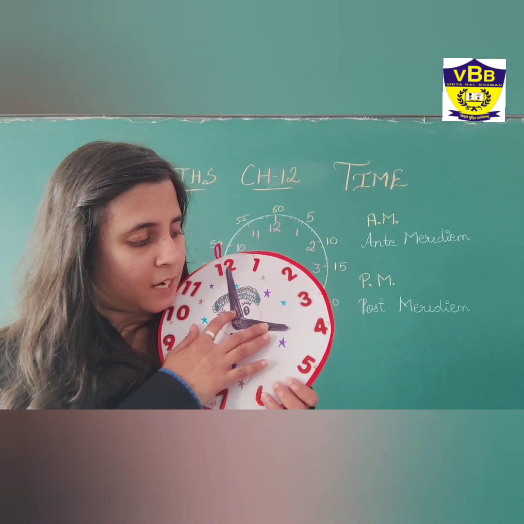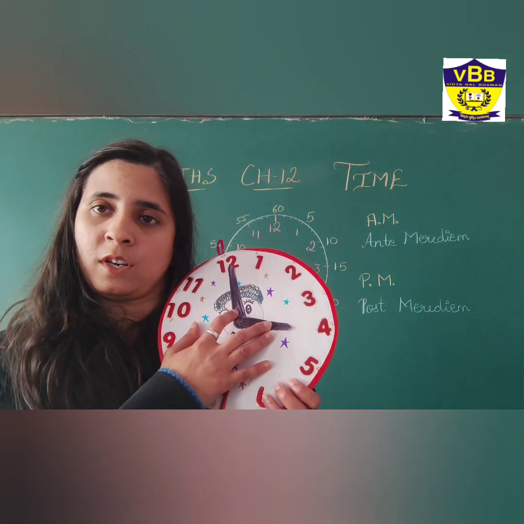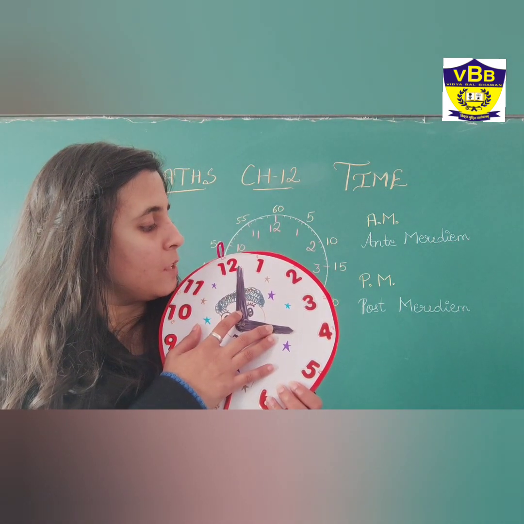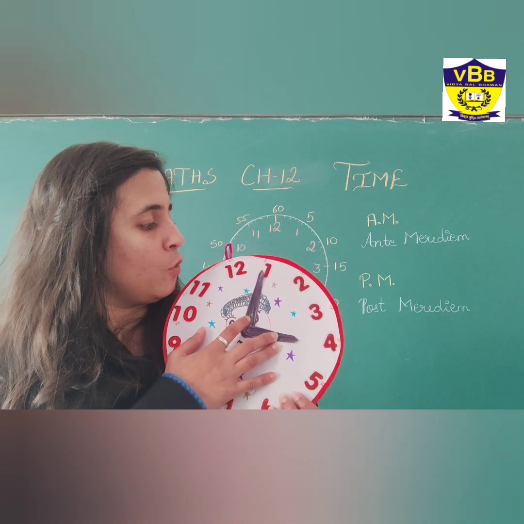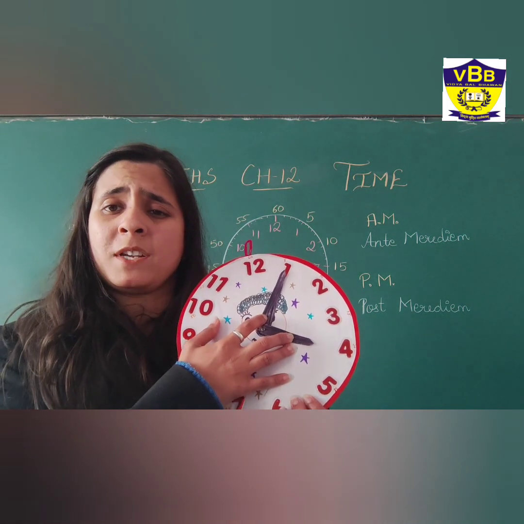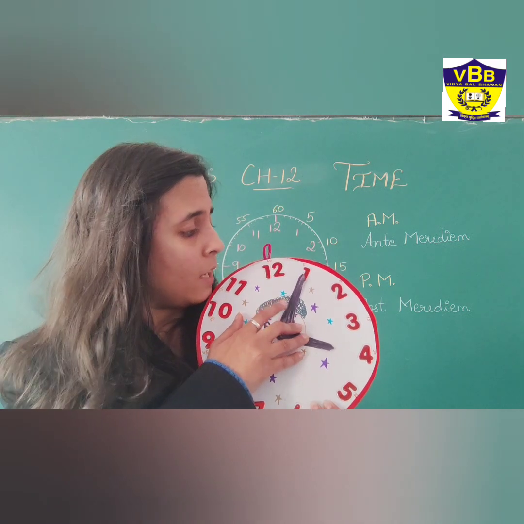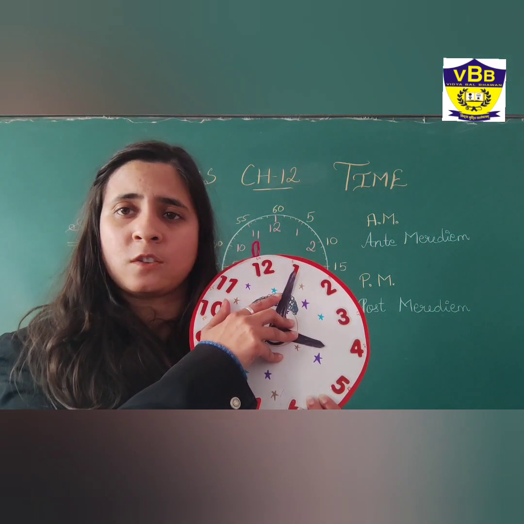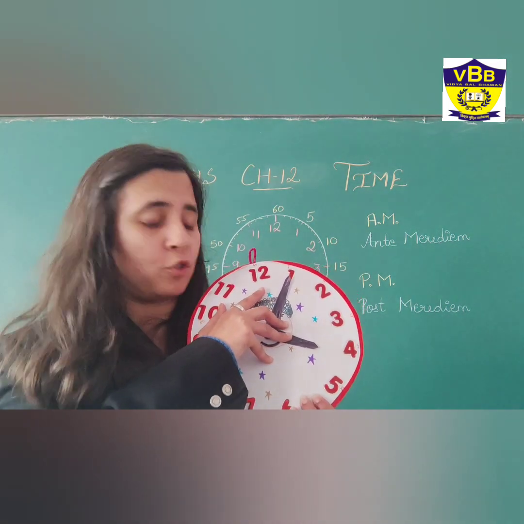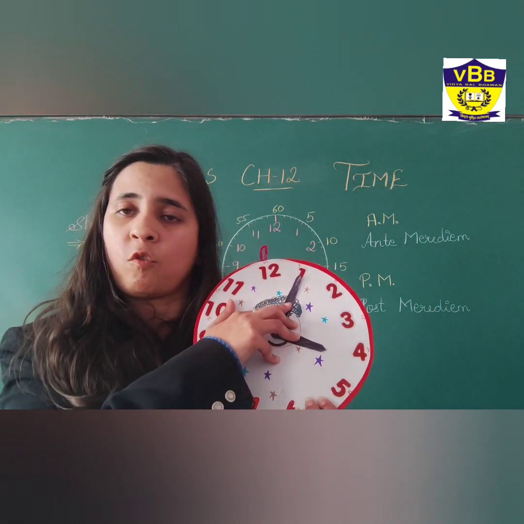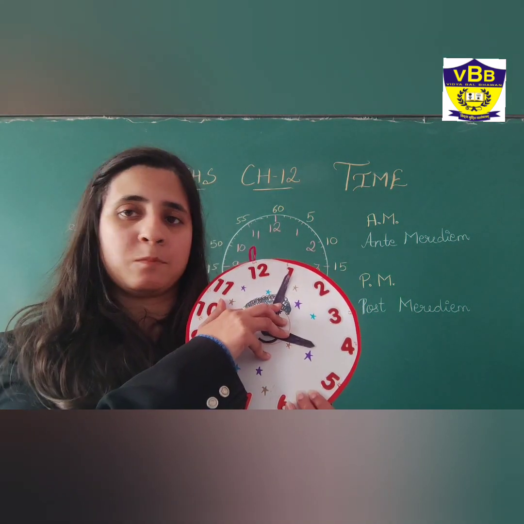Now if the short hand is at 4 only, but the minute hand has shifted from 12 to 1, how much time has it covered? From 12 to 1, there are 5 minutes. We have just learned that between two numbers there are 5 minutes when the minute hand is moving.